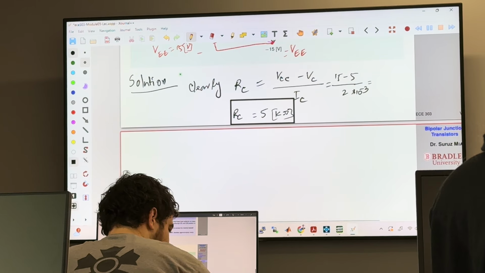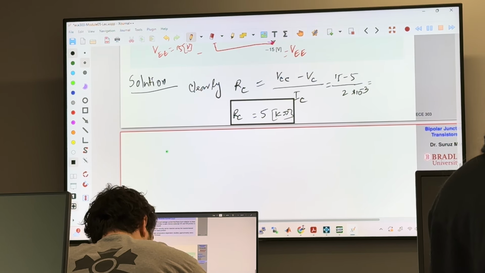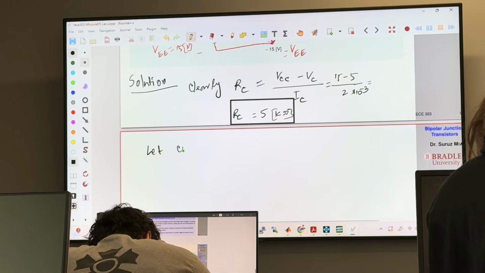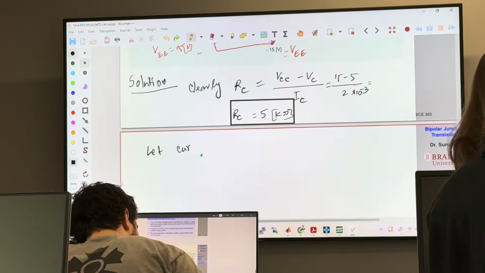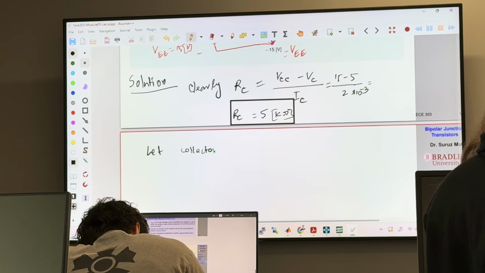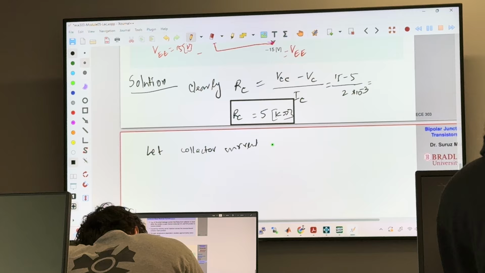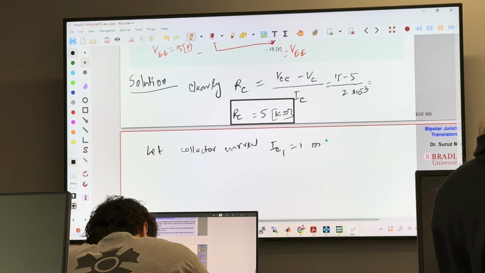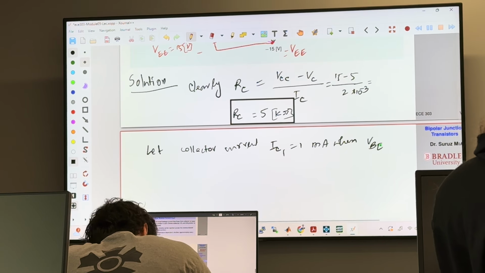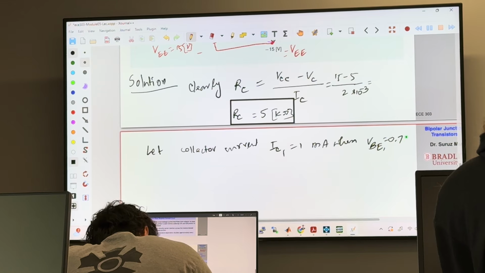So let collector current IC1 equal 1 milliampere when VBE1 equals 0.7 volt.